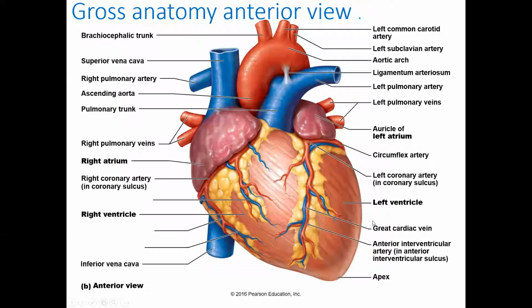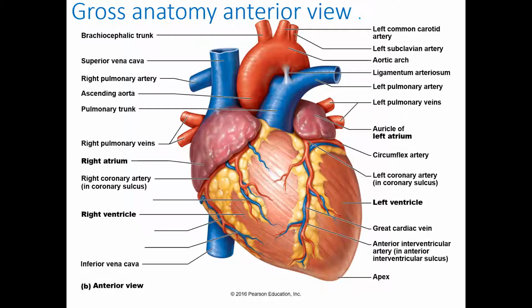Now, this gives you an even better perspective. Here we see the anterior interventricular artery. It's sitting in the anterior interventricular sulcus. Remember, a sulcus is a groove. Anterior means the front. If the name of the groove is anterior interventricular, that means it's in the groove between the ventricles in the front.